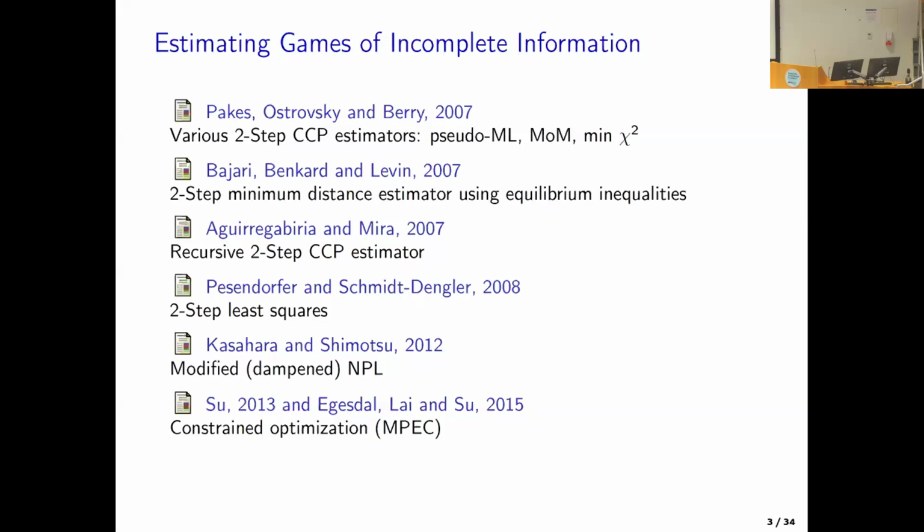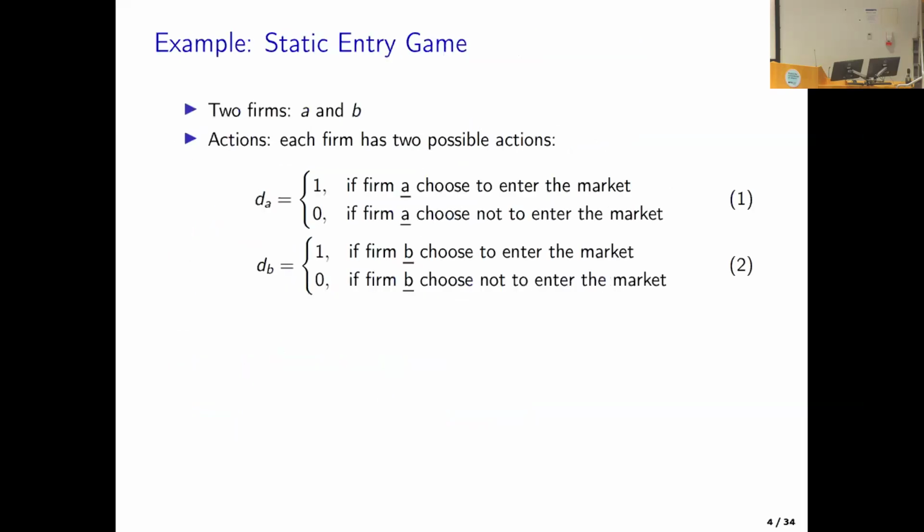And they're proposing that because doing maximum likelihood with the nested fixed point algorithm just seems to be out of touch with reality. It's too hard. And I'll tell you a little bit why. In principle, you need to compute all the equilibria of the model, which is not so hard in this context because it's a static game, but in dynamic games, it could be harder.